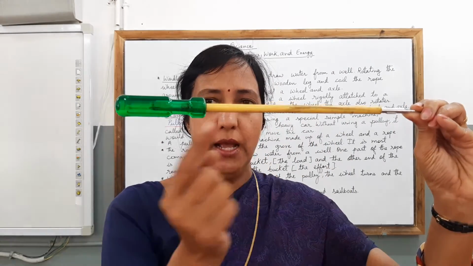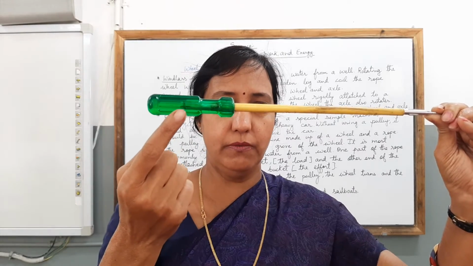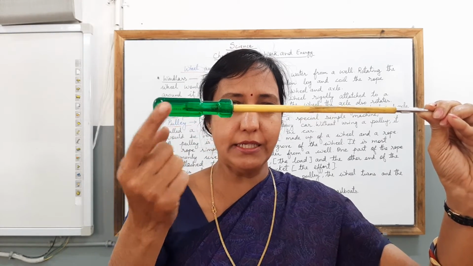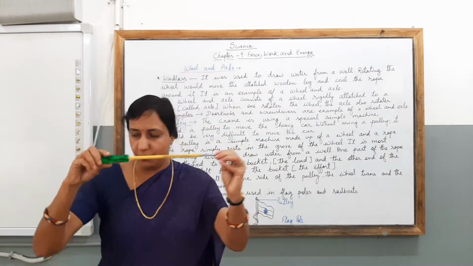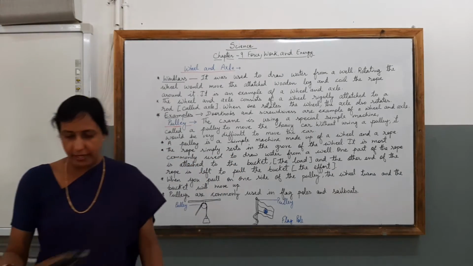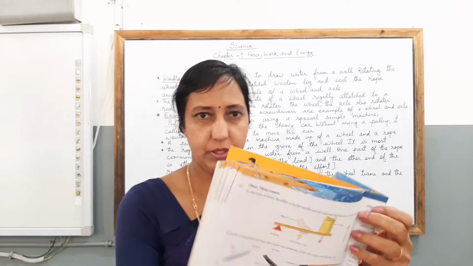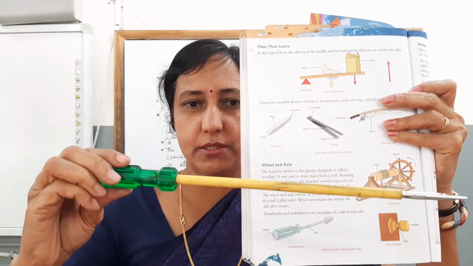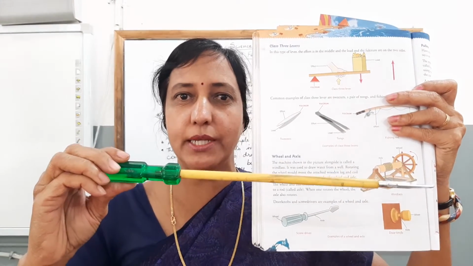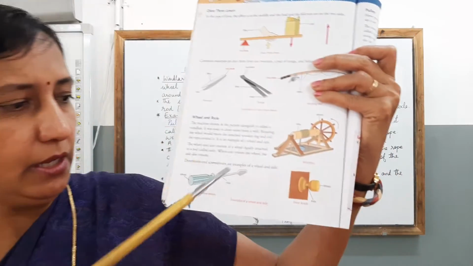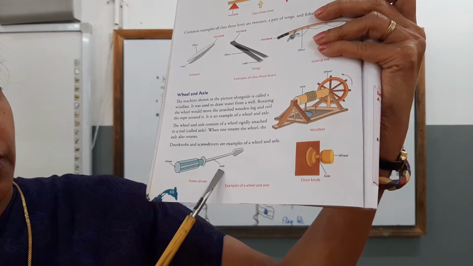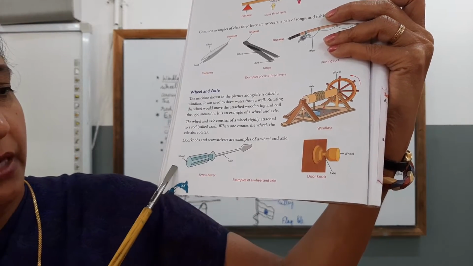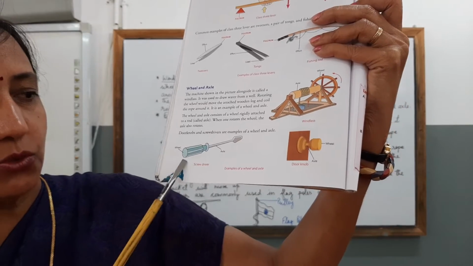This is the axle, and this is the wheel, as it is labeled in your textbook also. Here I can show you again, with the help of this. Where is the wheel and where is the axle present? Clear? Here you can see the axle and the wheel present in the screwdriver.